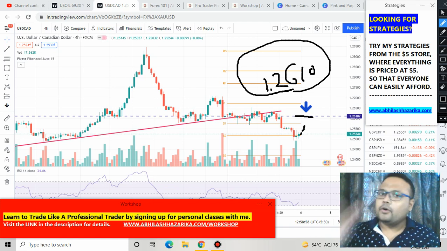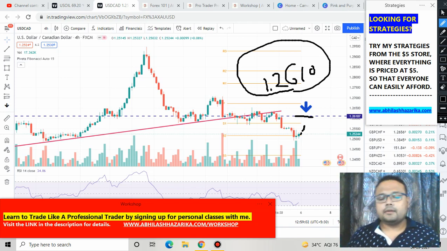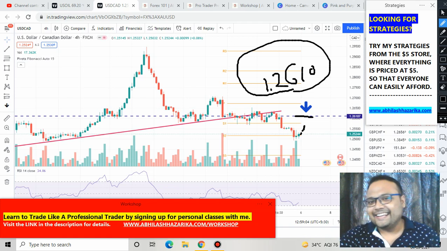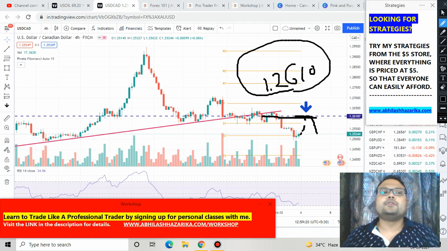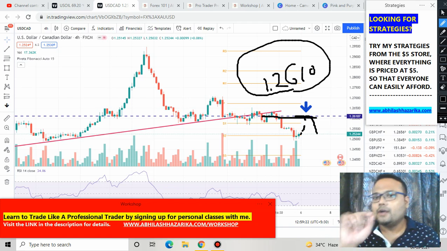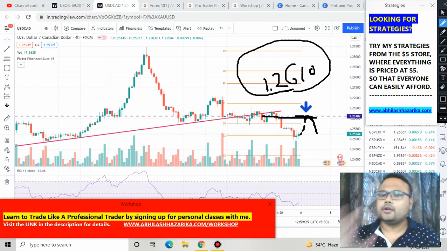And when the dollar goes down again, because it has a resistance in the form of the trend line, then definitely USD CAD will also go down from here, because it has a strong resistance at 1.2610. Clear? So the only safe trading opportunity on the chart of USD CAD is 1.2610. If the market reverses from this particular level, short the market, otherwise don't do anything.